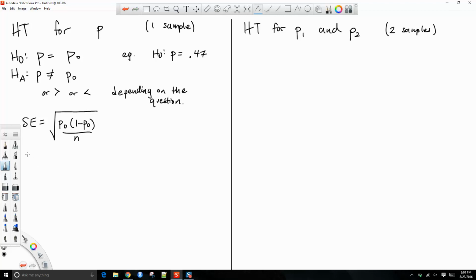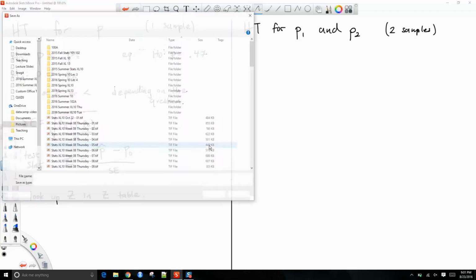Your test statistic here is going to be a z, and it's the difference between the reality versus the expectation, which is P hat minus P0, divided by the standard error. And then you will look up z in the z table. Whenever you're dealing with proportions, you'll always be using the z table.